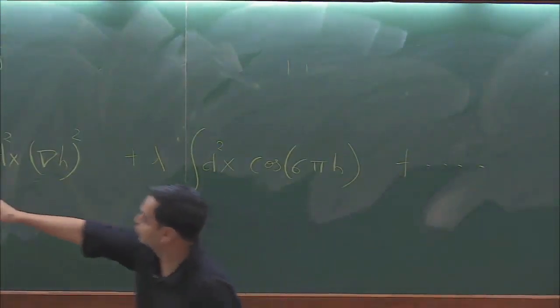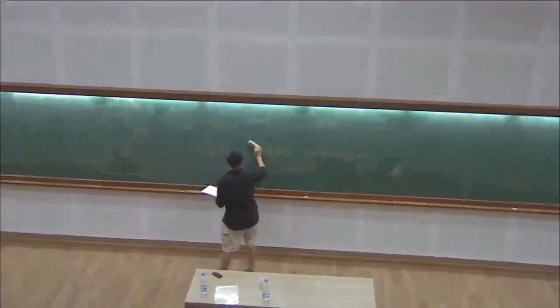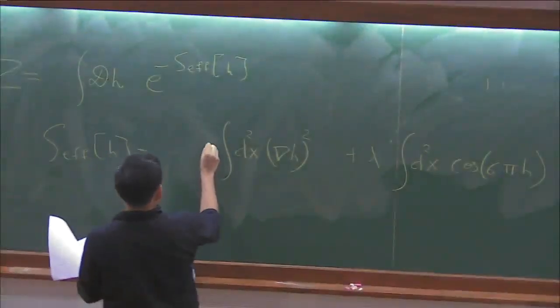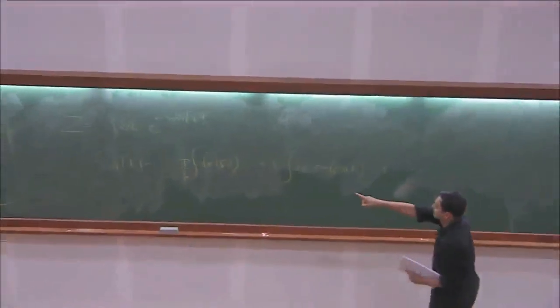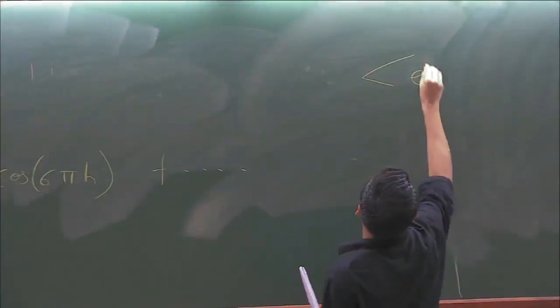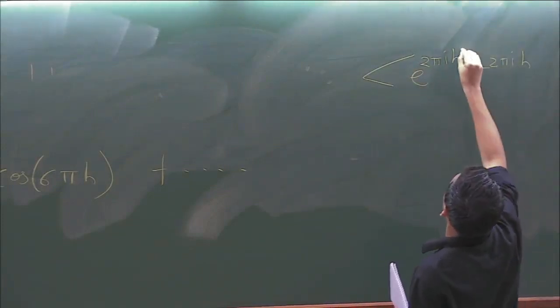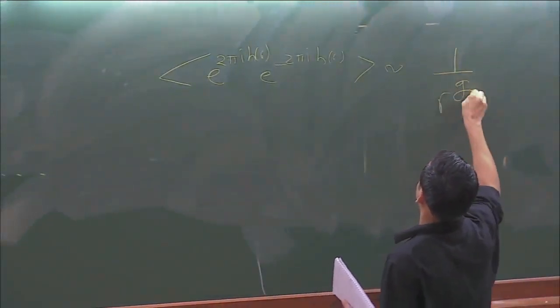And that we know how to think about. That depends on the value here, the number here. So a good way to parameterize that is, I think, to write this as, and if you write it like this, then ignoring the effects of this term, assuming it's not important, you will get the correlator of e to the 2 pi i h going as 1 over R to the 2G.